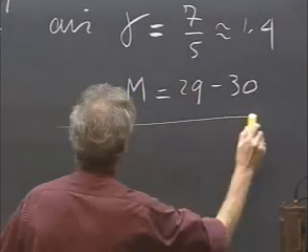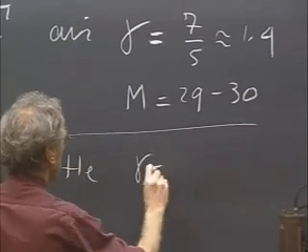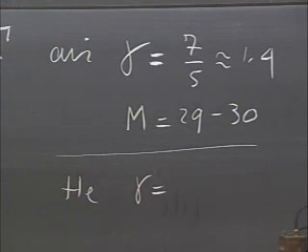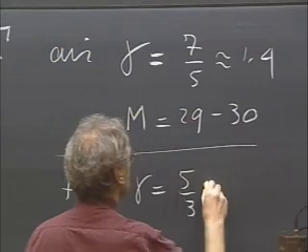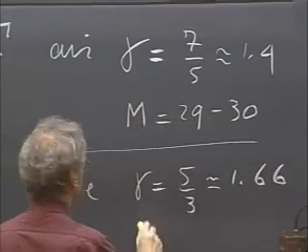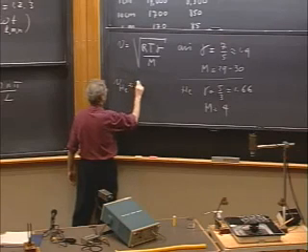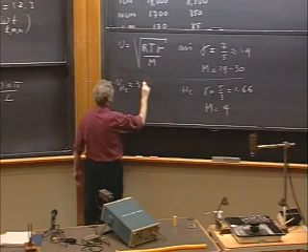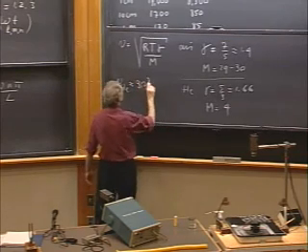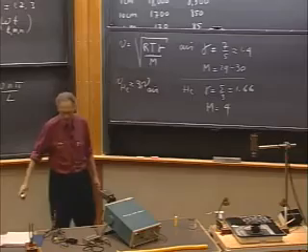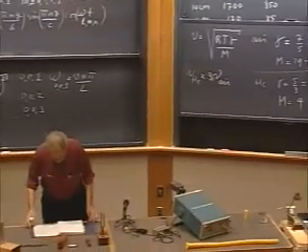Now suppose we do the same for helium. Helium is a monoatomic gas, and for a monoatomic gas, gamma is about 5/3, which is about 1.66. But the molecular weight, which in this case is atomic weight, helium being just a single atom, is 4. And consequently, the speed of sound in helium is roughly 3 times the speed of sound in air. You can just substitute those numbers in there, and you will find that it's about 3 times higher.